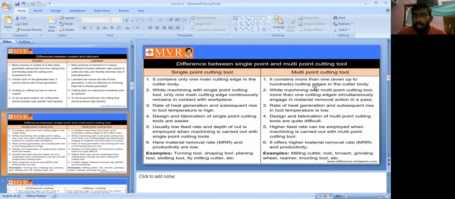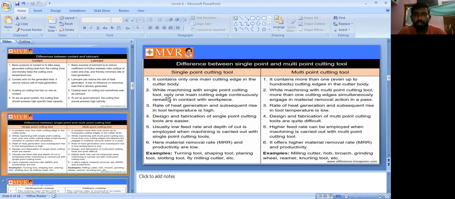This is the major difference between them, a key point. If anyone asks what the difference is between a single point and a multi-point cutting tool, you can say: a single point cutting tool has one main cutting edge in the cutter body, while a multi-point cutting tool contains more than one, even up to 100, cutting edges.